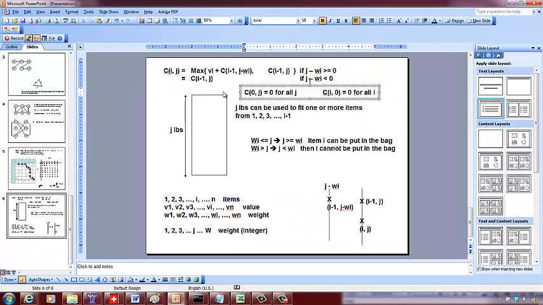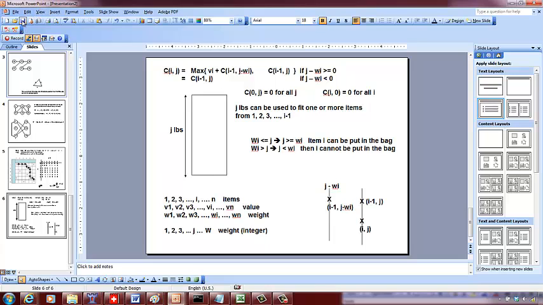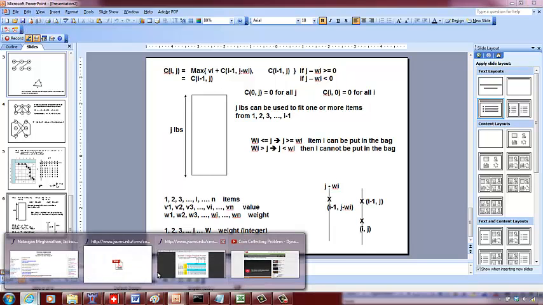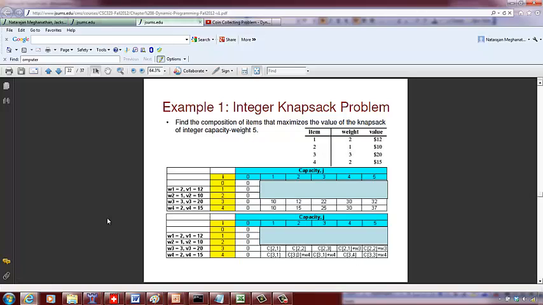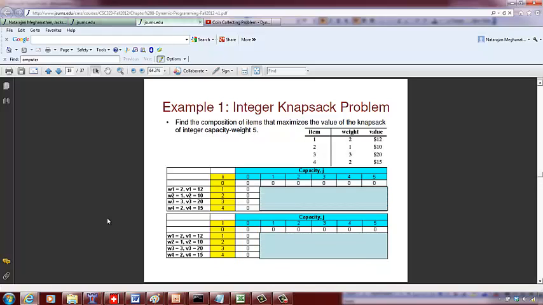So the value of the items you collect would be 0. So the initial condition is going to be something like this. You have 0, 0, 0 for this column where the bag cannot hold anything, whereas these zeros mean there is a bag of capacity 5, which is the maximum capacity available for the bag, but you don't have any item to put, right? So that's also the same thing for the history table.